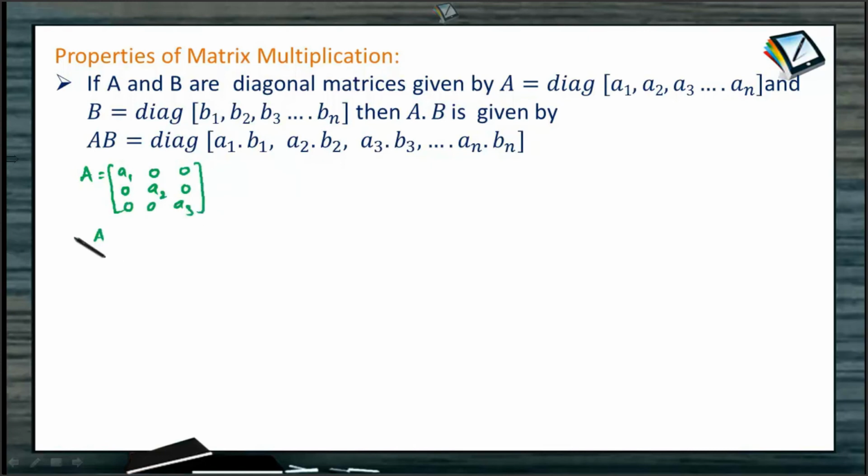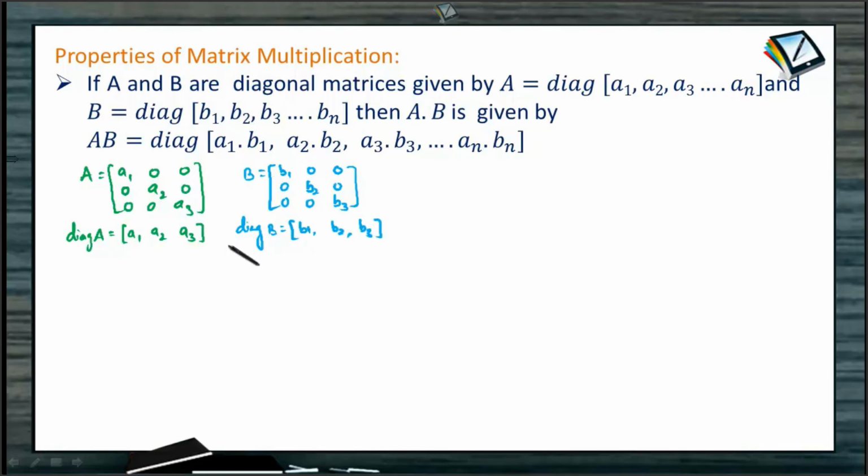We denote it as diagonal A given by A1, A2, A3. Similarly, let's consider another diagonal matrix B of the same order, that is B1 0 0, 0 B2 0, 0 0 B3. Then B can be denoted as diagonal B given by B1, B2, B3.